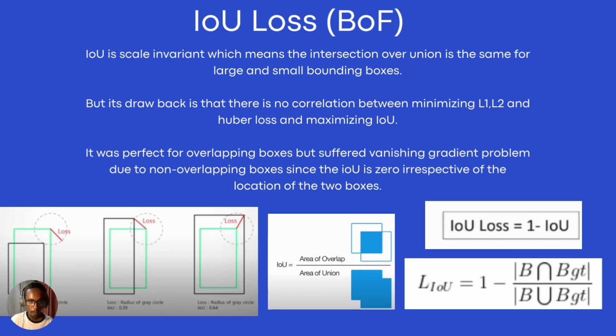But it suffered from a vanishing gradient problem because when the boxes overlap, you'll have an IOU value, but when they don't overlap, the IOU will always remain 0. And when the IOU is 0, there are no gradients being computed in order to minimize the loss function. And if you don't have any gradients, it's called a vanishing gradient problem, and it doesn't modify the parameters of the network to improve the model.